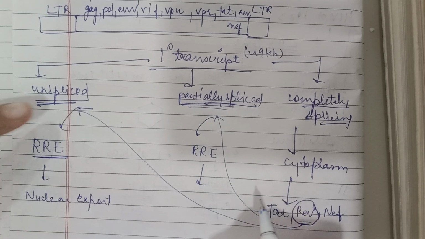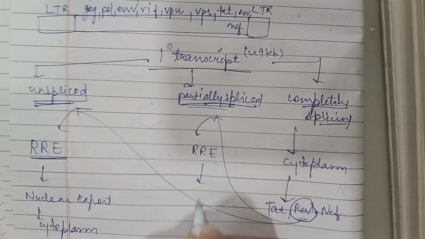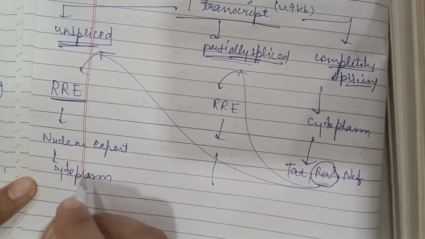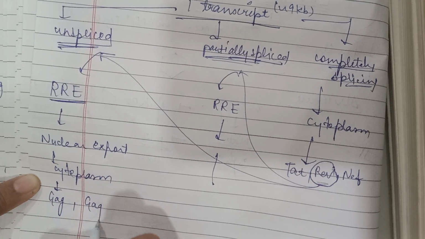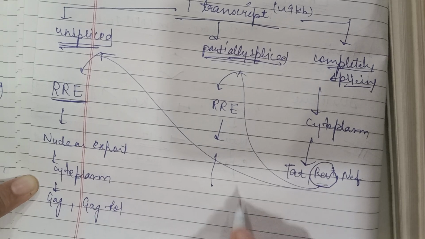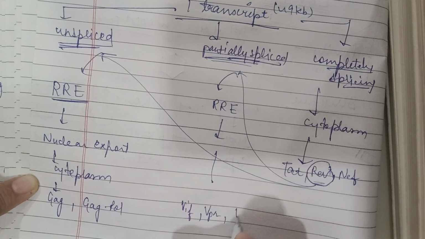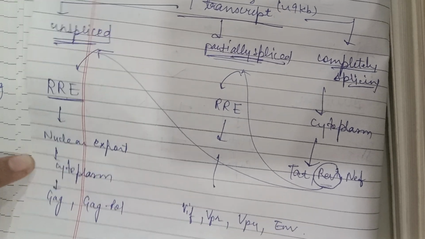and they will move on to the cytoplasm, same as here, and then they'll translate into their respective proteins. It will give GAG polyprotein and GAG Pol fusion protein. It will give VIF, VPR, VPU, and ENV protein.